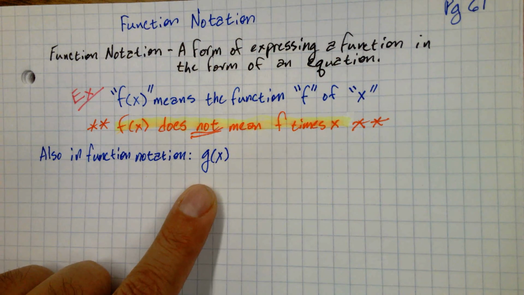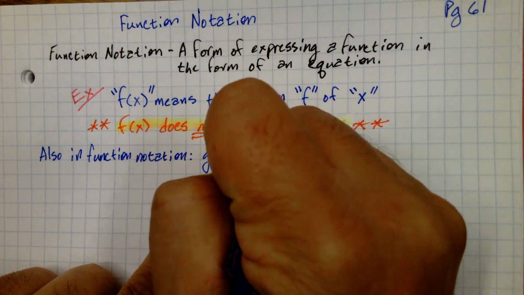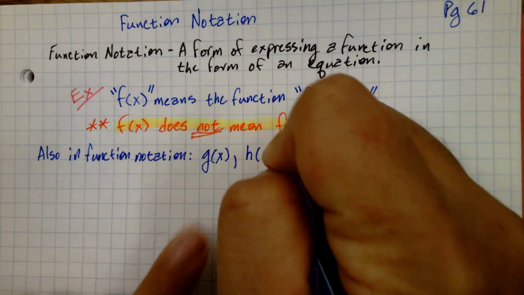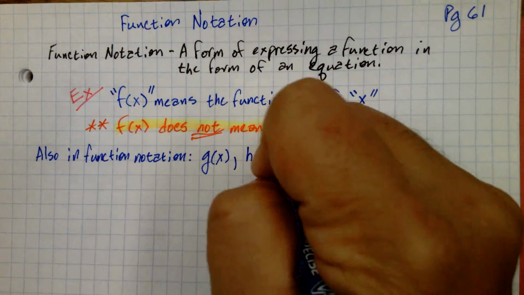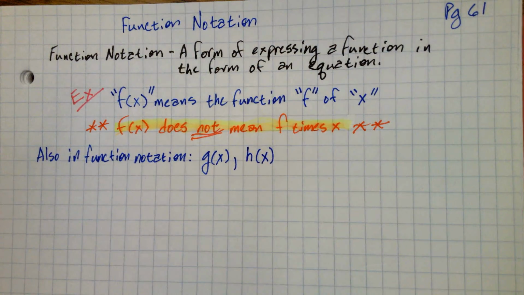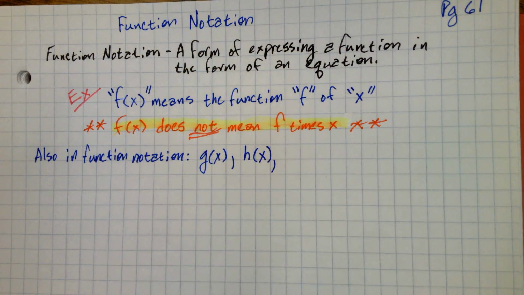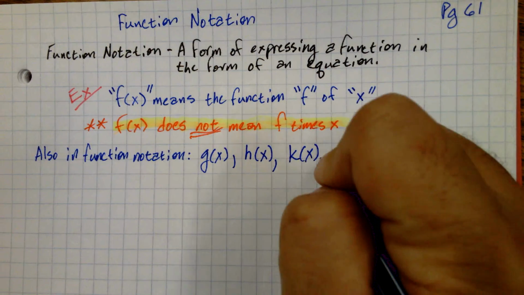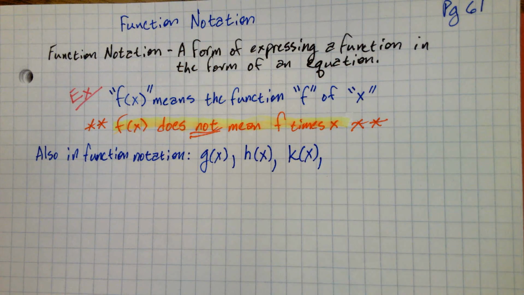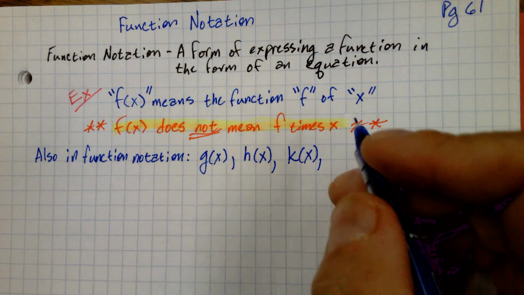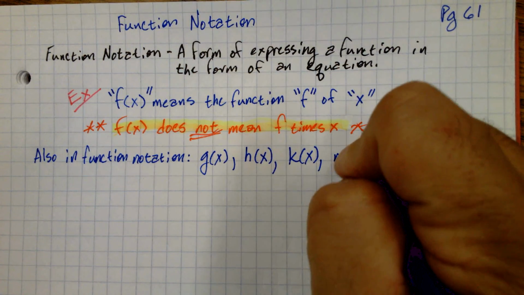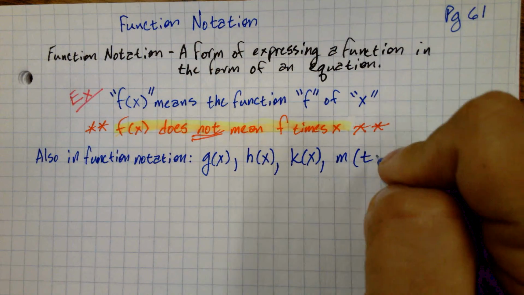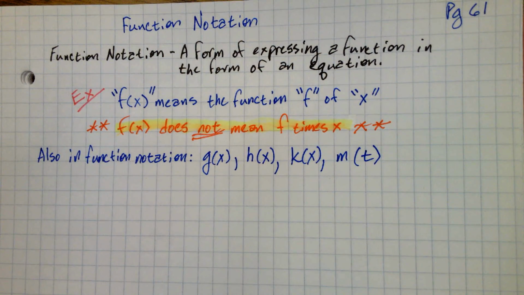Okay, so g of x, that's another popular one. h, they just kind of follow after f. h of x, that's popular. I've seen k sometimes used. k of x. And in physics, they like to use motion in some variable of time. So m of t.